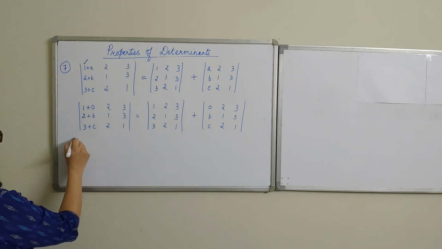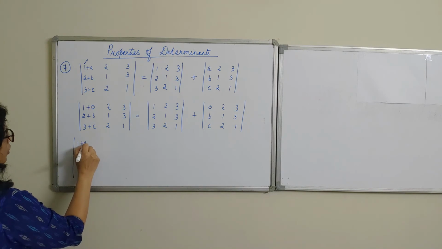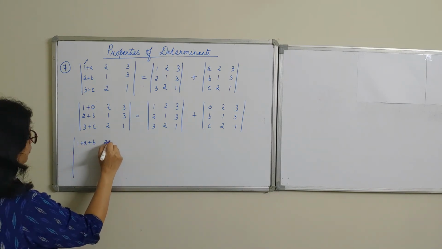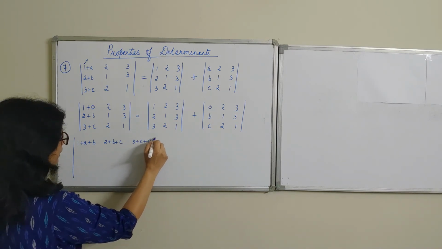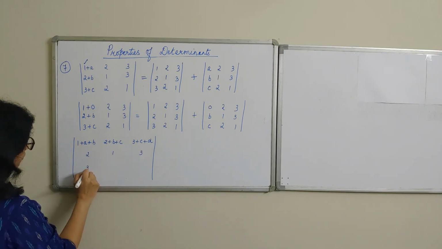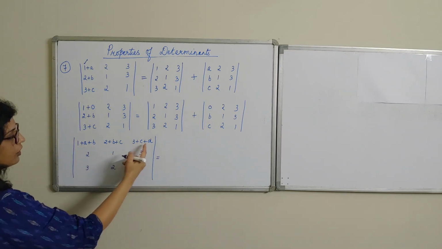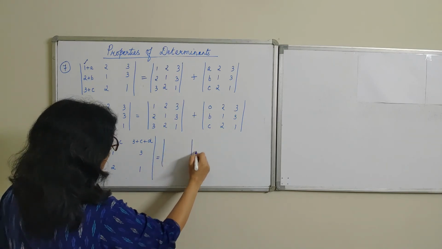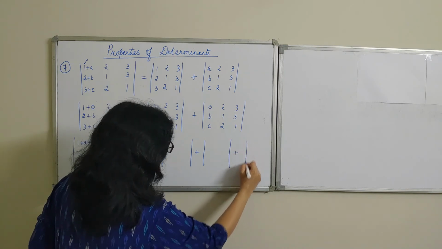In case we have a determinant where suppose the first column is written as sum of 3 terms like this, then because the first column is expressed as sum of 3 terms, the determinant can be expressed as sum of 3 determinants.